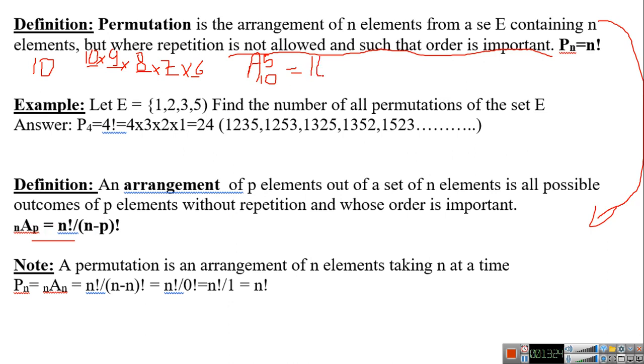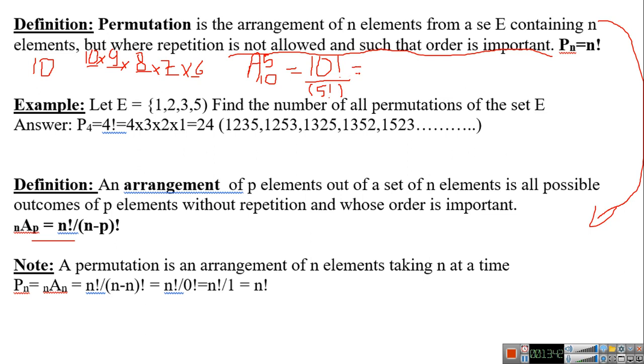So 10 factorial over 10 minus 5 factorial. You do the difference of these two, and you put the biggest number here over the difference. 10 minus 5 is 5 factorial.